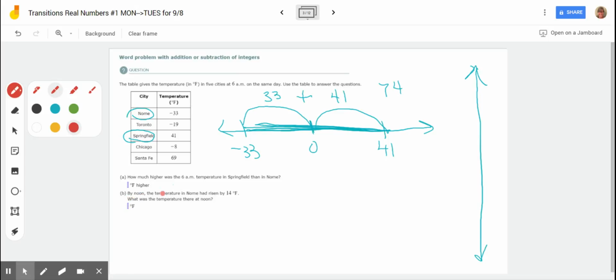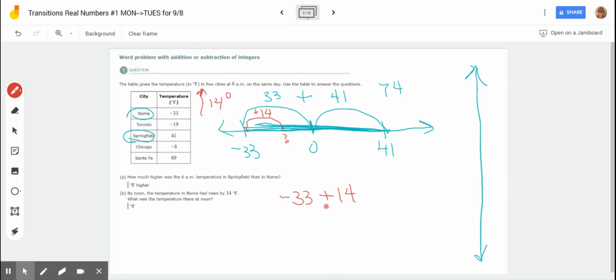It says, by noon, the temperature in Nome had gone up 14 degrees. What was the temperature there at noon? So basically, we're asking, if we add 14, where are we? So that becomes -33 plus 14.